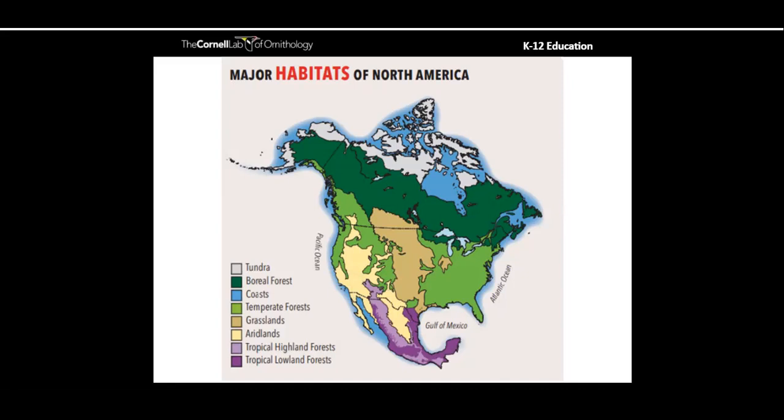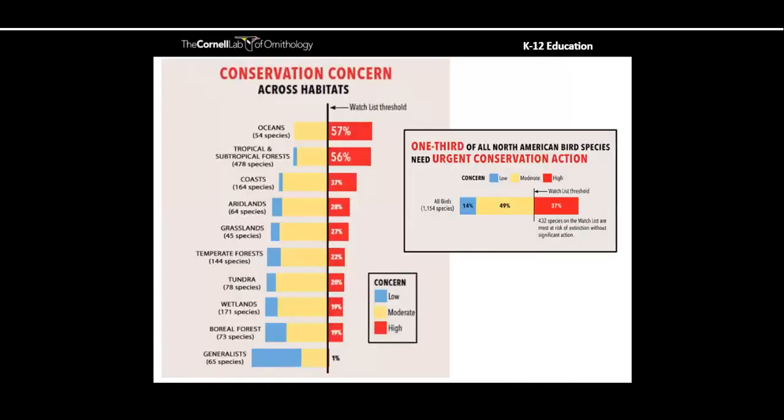If you know your biome, you can understand a little bit more about how the birds in our area are doing. So this is from that same report, showing that 1/3 of all North American bird species need urgent conservation action, with 37% crossing the watch list threshold, which works out to about 432 species. And you can see how this varies by biome.